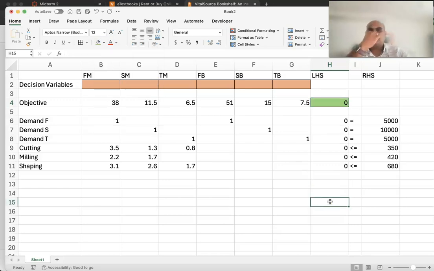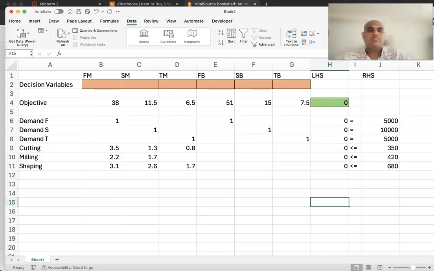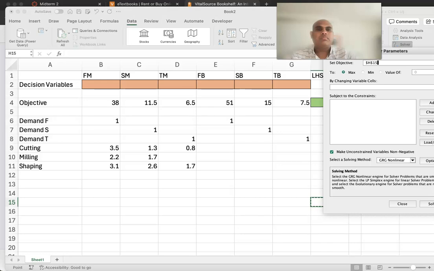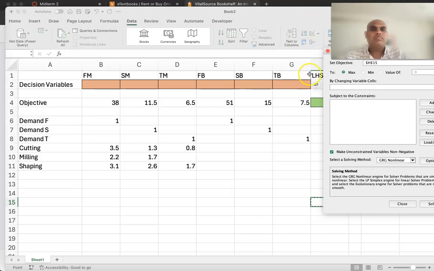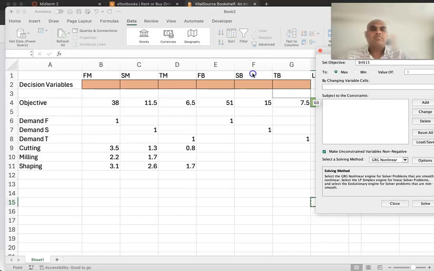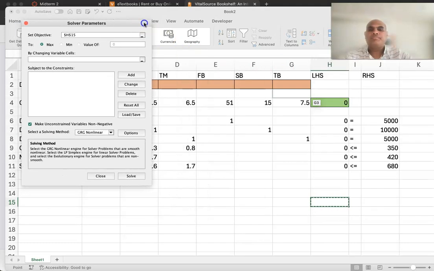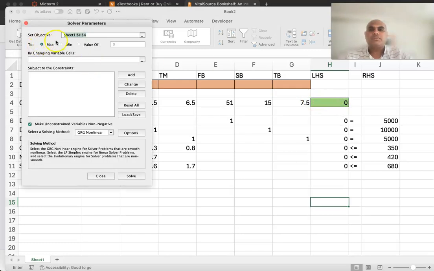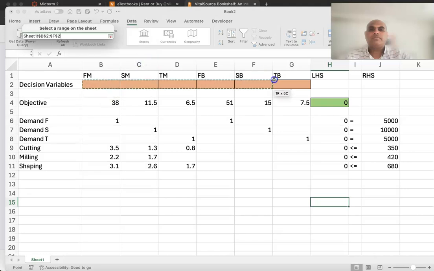Okay, let's go to the solver and solve this. Okay, so cost minimization, minimize, changing variable cells, there's 6 of them.